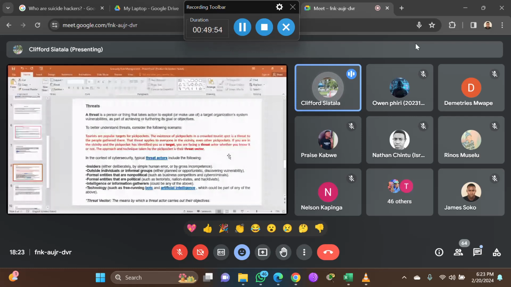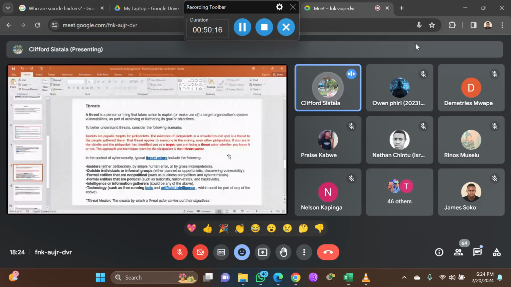Insiders, sometimes deliberately, by human error or gross incompetence. So insiders can actually be threat actors.